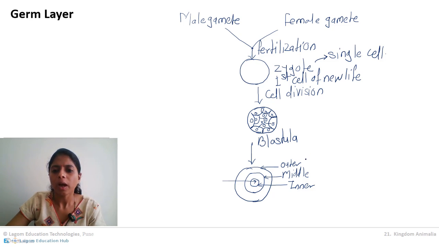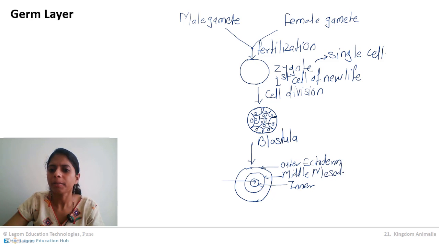Okay, so the outer layer of cells is called as ectoderm. Ecto means outer, derm means layer. Ectoderm means outer layer. Middle layer is called as mesoderm. Meso means middle, derm again means layer. Inner layer is called as endoderm, obviously, endo means inner, derm means layer.